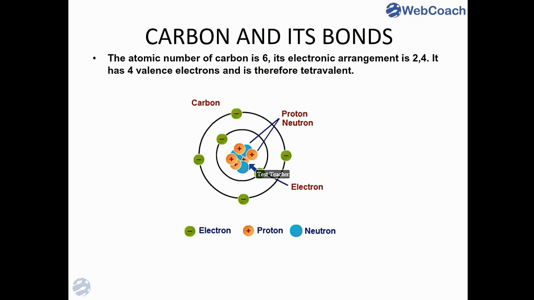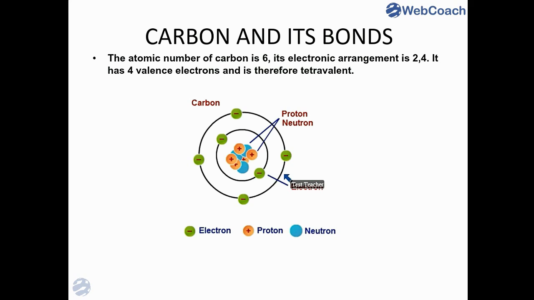Generally, in any atom, the electrons in the outermost shell are reactive. That is, they participate in bond formation. That is why you get the various compounds that are present. For example, carbon will combine with oxygen to form carbon dioxide or carbon monoxide.